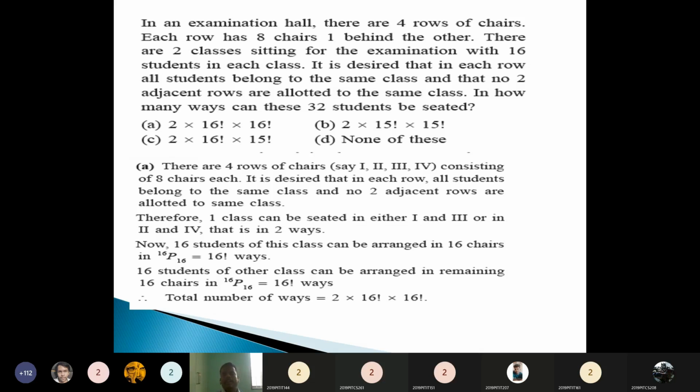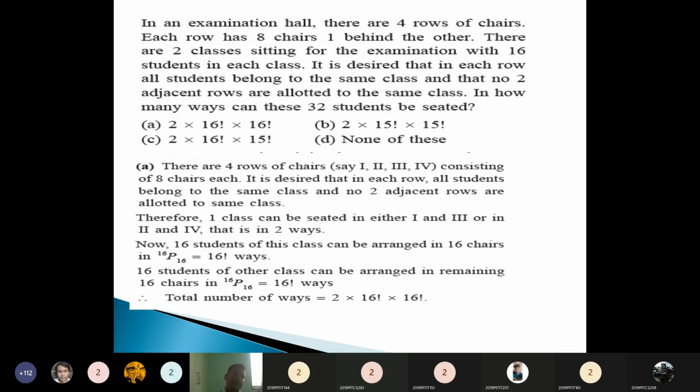So how many different ways can we arrange? Row 1, row 2, row 3, row 4. Class A can be arranged in rows 1 and 3, or 2 and 4.